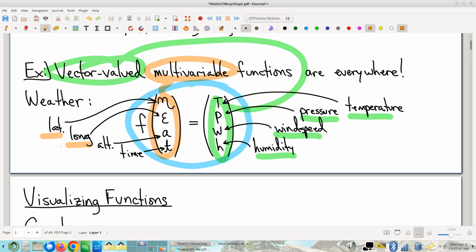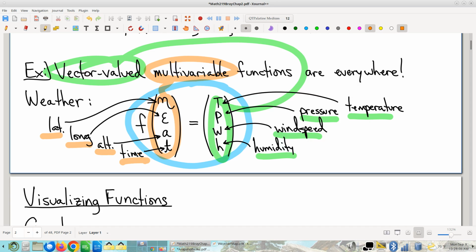It depends on where you are. Weather in Durham is not the same as the weather in San Francisco. And how high off the ground are you? The weather here at basically ground level is very different from the weather at 30,000 feet. And it depends on time. The weather last week is not the same as the weather now.